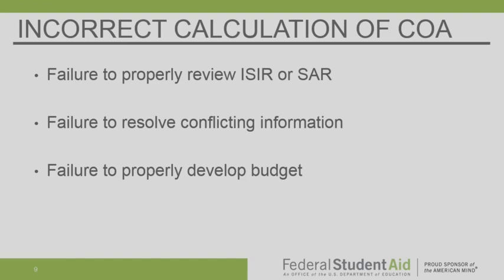Also, if they're half-time or less than half-time, there's different budget changes for that, especially if they're less than half-time. When you have the student aid report, the EFC, do you know how many months that's usually for? 9 months, right?